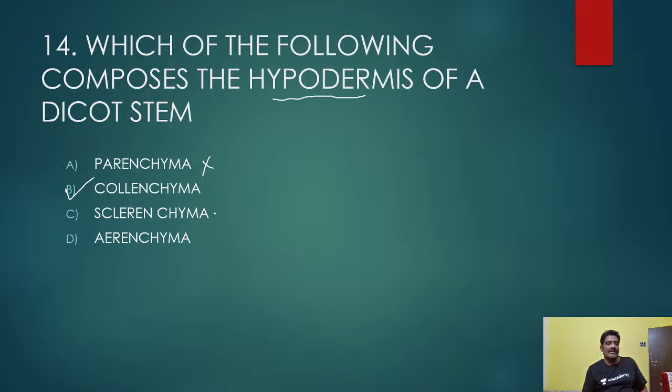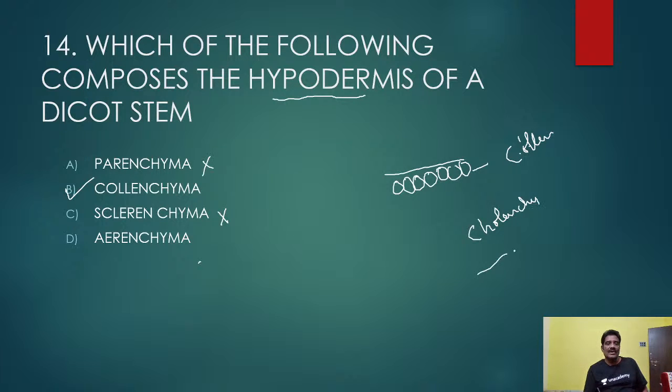And the sclerenchyma is found where? Monocots only, the monocot stem. In the dicot stem, just below the epidermis, the hypodermis is present. This hypodermis is nothing but collenchyma.